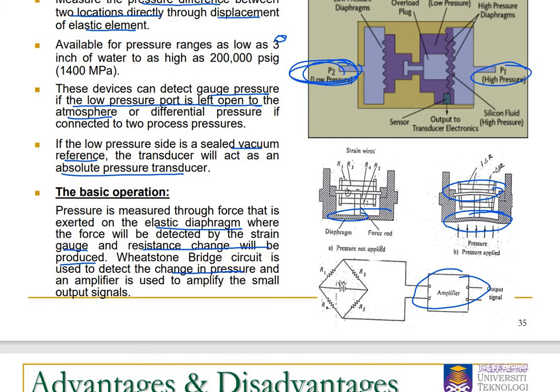So this pressure difference causes the diaphragm to move. When the diaphragm moves, the strain gauge will detect, and the resistance change will be produced. So those resistance change signals will be sent to the amplifier, and from that we can measure the pressure difference.